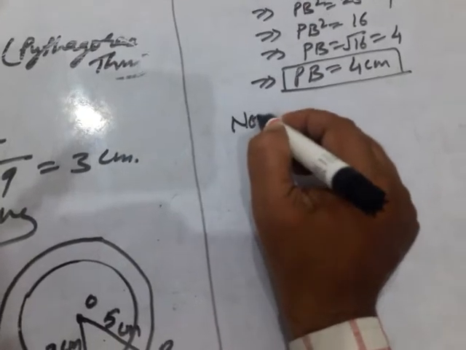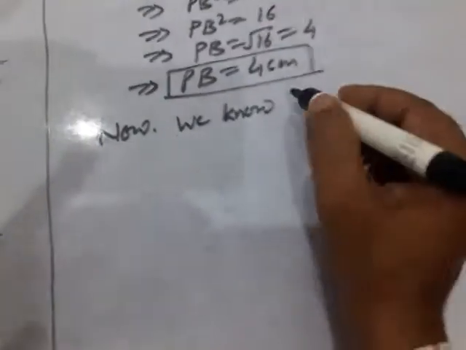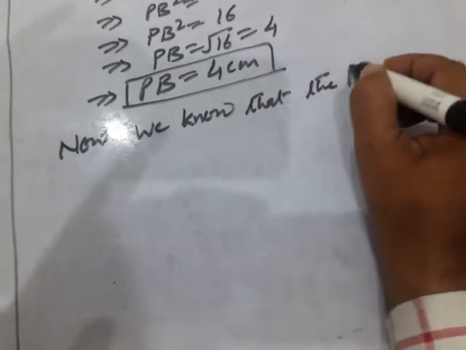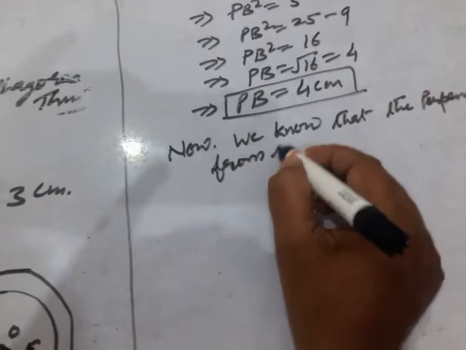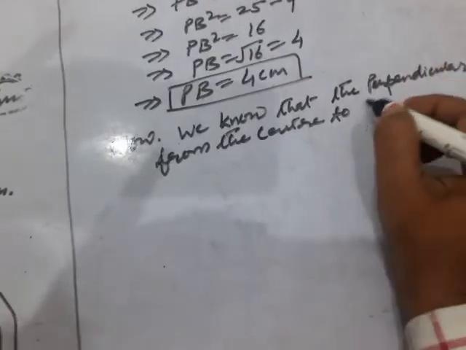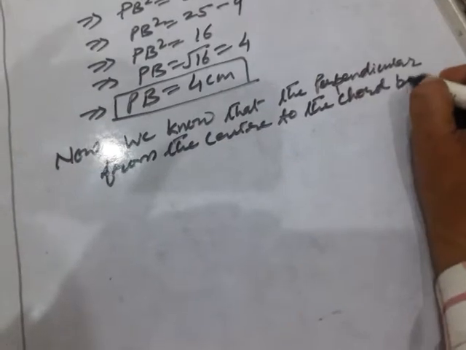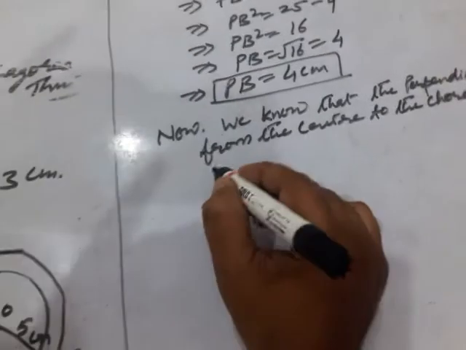Now we know that the perpendicular from the center to the chord bisects the chord.